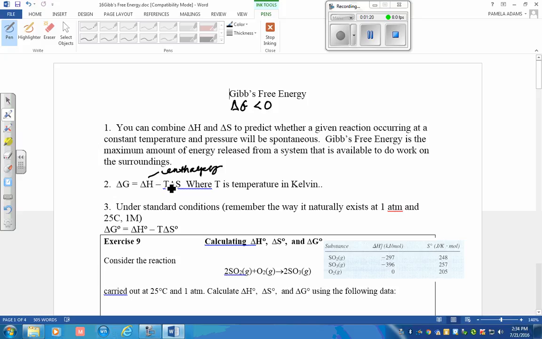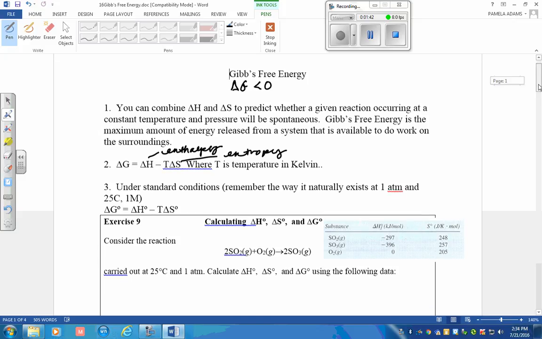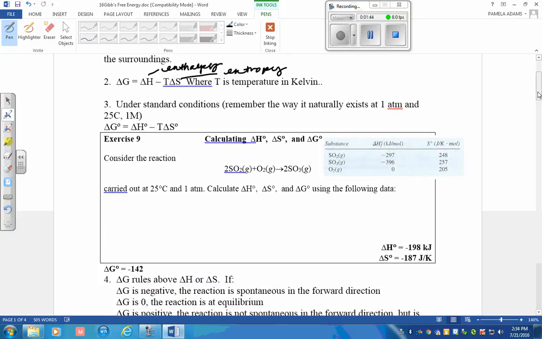And then we take into account the temperature in Kelvin and the entropy of the system. Entropy is the degree of disorder. If delta G is a positive number, then it is thermodynamically unfavored and will not occur without outside intervention.